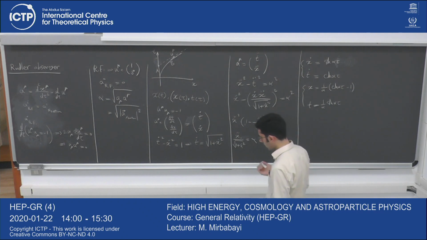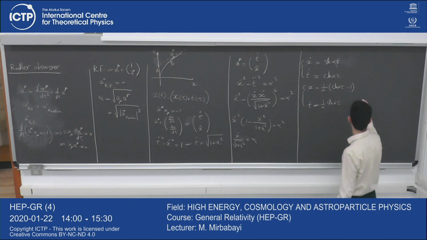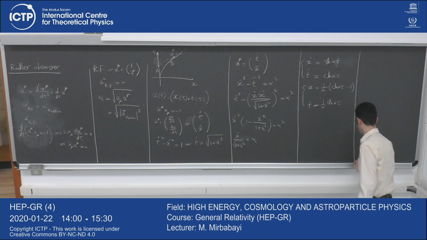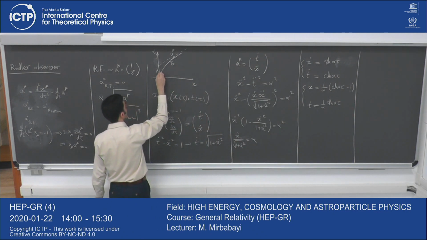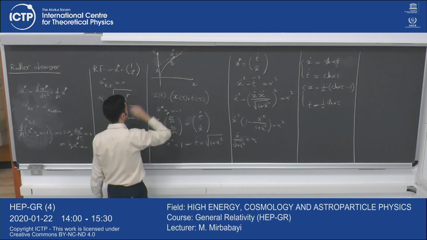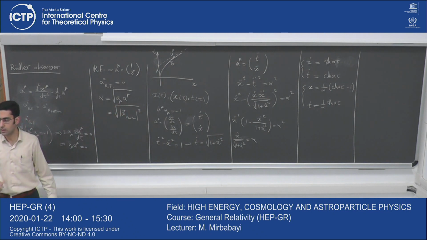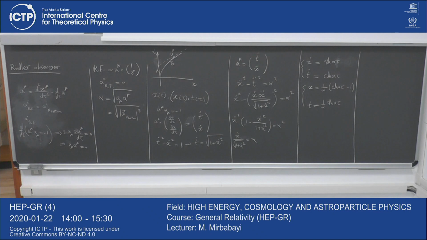Okay, so then we want to ask, we want to imagine that Alice is sending signals from the origin of these coordinates, x equal to 0.